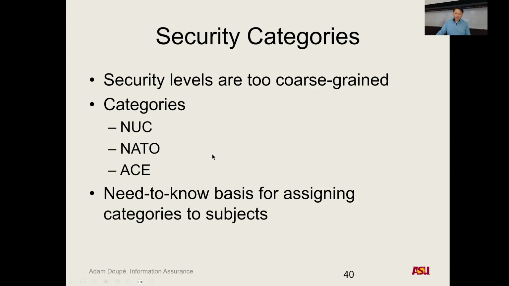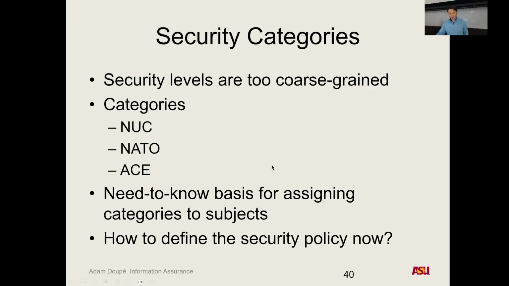So we can classify the security clearance based on these parameters. The first one is the security level, and another one is the categories. By combining them, we can call that a tuple.